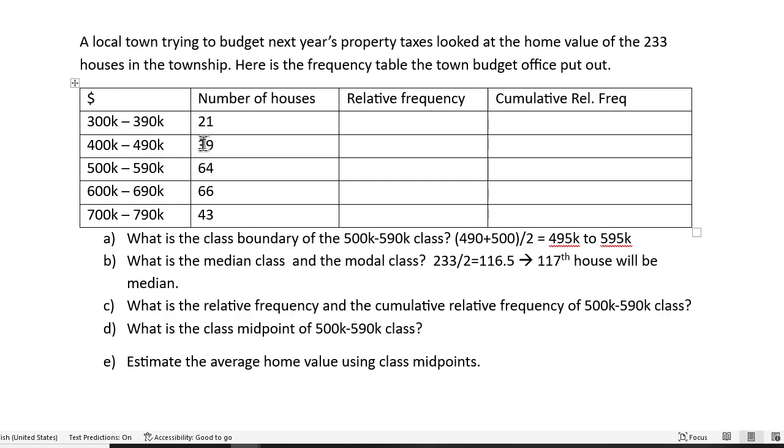See, 21 plus 39 is 60. 60 plus 64 is 124, and 117 is less than 124, but it's bigger than 60, so that really belongs in here, right?